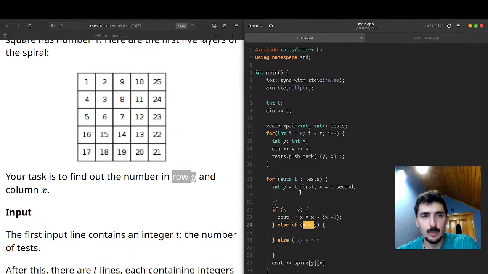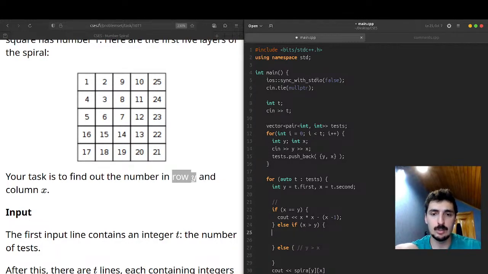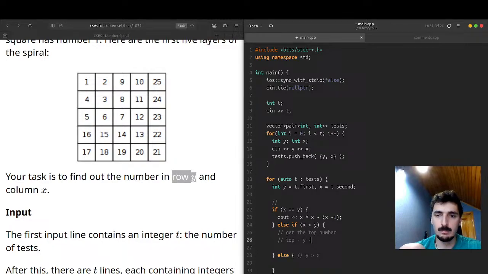I think what we have to do here is that we have to get the top number. Get the top number. And basically the answer is going to be top minus y plus 1. This is going to be it.